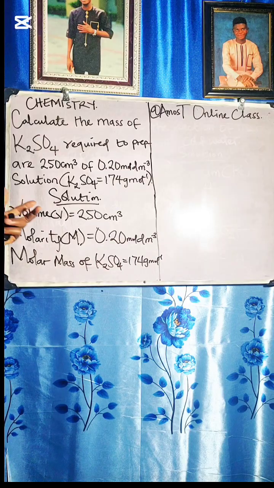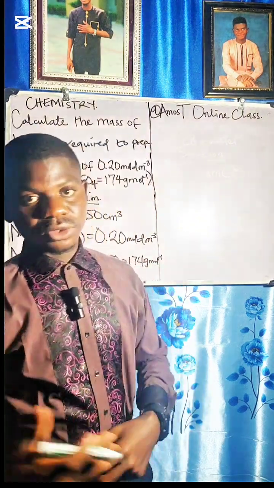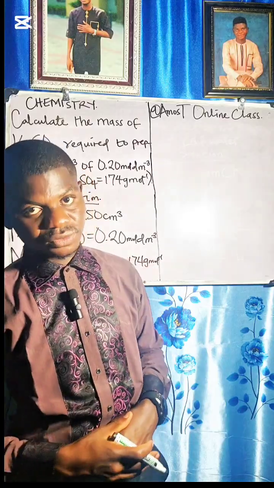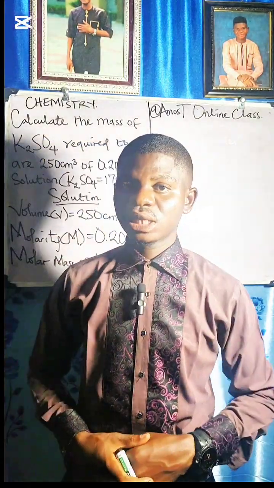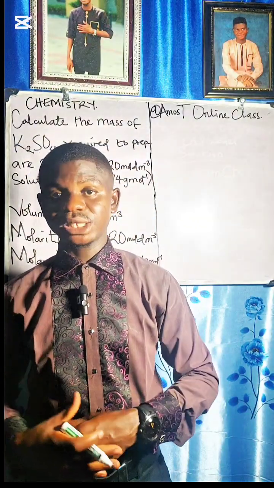Now there are some things that we need to do first before getting to the final solution. If you look very well at the question, the number of moles of potassium sulfate is not given, and the main problem says you should find the mass of potassium sulfate.